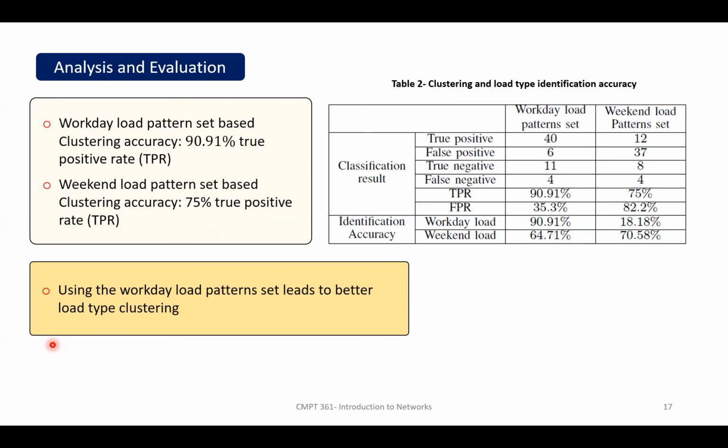Because of that, our training for workday has better performance and accuracy in comparison to weekend. I guess this is a very clear reason for the gap between these two clusterings. So if we want to improve the clustering, we definitely need to increase the duration of our training to find more accurate DTW distance between consumption data series in the same cluster, in the same classes.